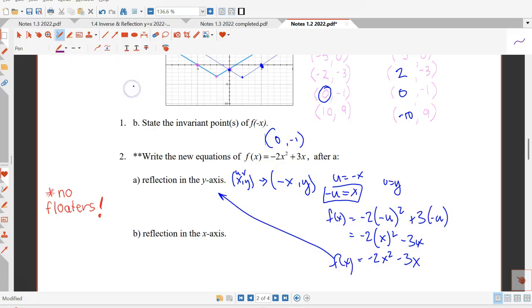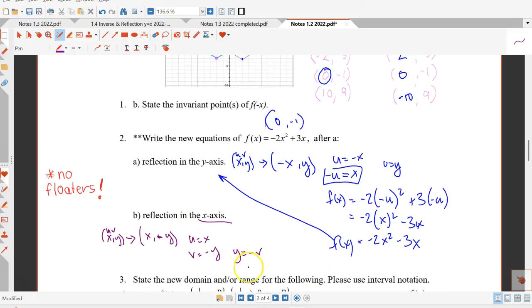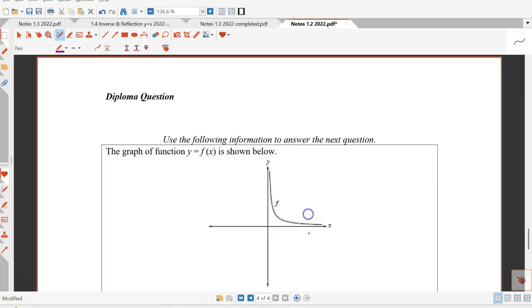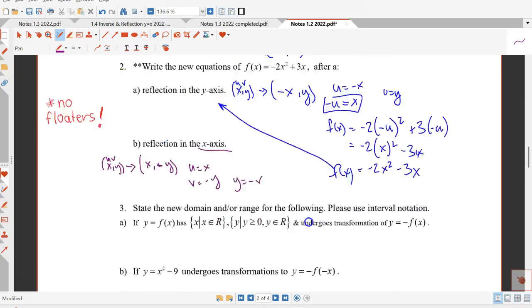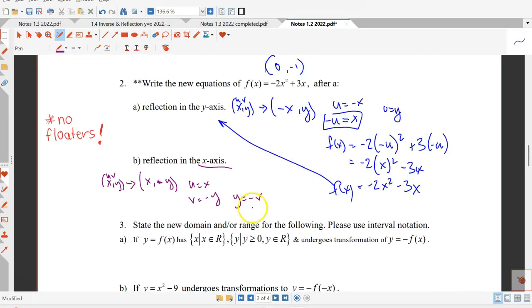Similarly, if I do mapping notation for reflection in the x-axis, it means it's going to be x and negative y. Remember, this is u and v. So u is equal to x, v is equal to negative y, and so y gets replaced with negative v. If I think about my function here, I'm going to substitute this in for my y.